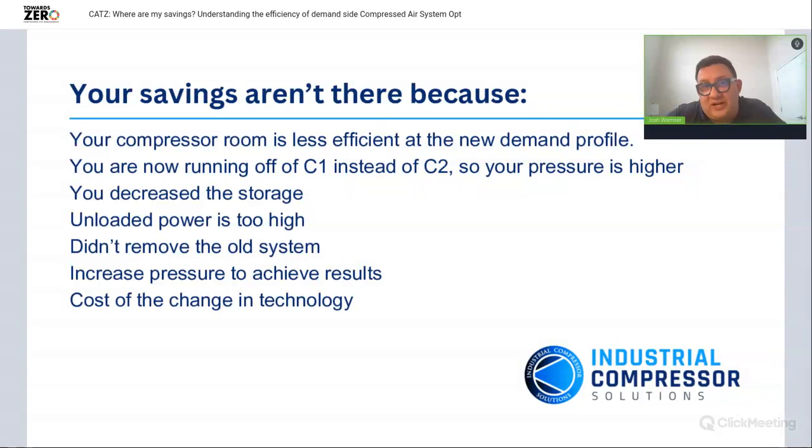If we make pressure reductions, we also decrease the amount of storage in our receiver tanks. So more intermittent demand is now having to be covered directly by the compressors instead of in the receivers. Now, if our unloaded power is too high, if our part load efficiency isn't good enough, then when we lose storage, when we change that demand profile, it reacts back to the compressors, and it's not even just power.